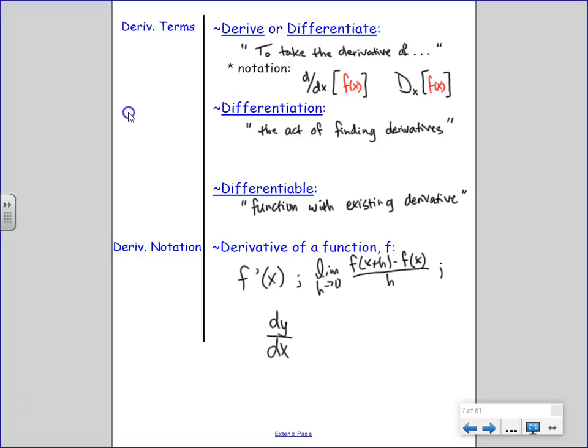These are all nouns. These all represent a first derivative. And you're like, ooh, maybe there are more than first derivatives, and that is true. However, that is not for today. So f prime of x, that's talking about a derivative. The limit formula, that's talking about a derivative. dy dx is talking about a derivative. You can think dy over dx. We'll talk more about this notation. It's actually called differentials.